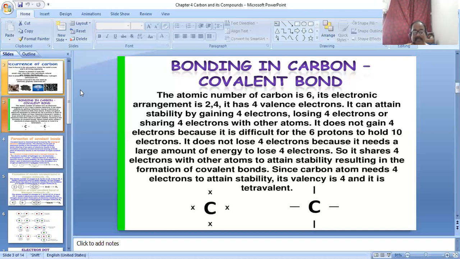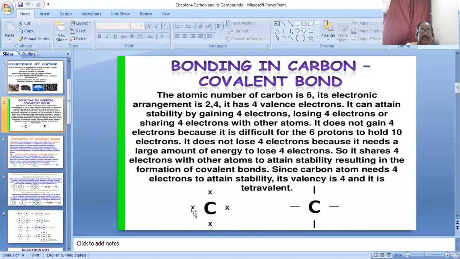So carbon is tetravalent, and the 4 valencies of carbon are usually shown by 4 lines around the symbol of carbon, directed in space towards the 4 corners of a regular tetrahedron. The solid lines represent the valencies of carbon, like the structure here.